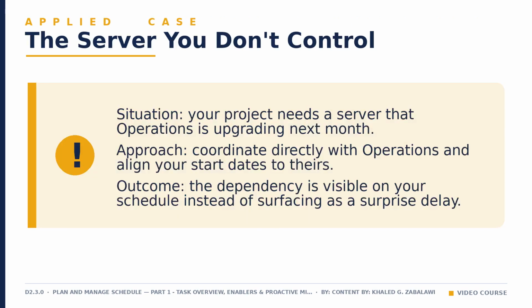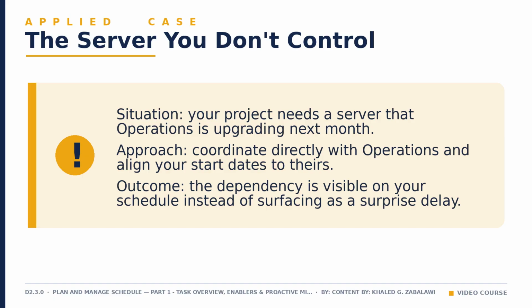Let's make coordination concrete with the example this lesson uses. Imagine your project cannot begin a key activity until a server upgrade is complete, and that upgrade belongs to operations, not to you. If you simply plan around your own team's calendar and ignore that dependency, you will hit a wall the moment your activity is ready to start, and the server is not.